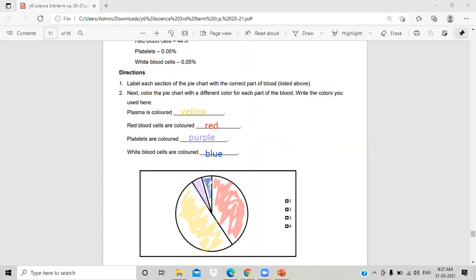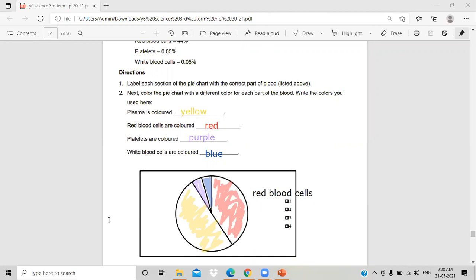Of course, you can choose whatever colors you want, guys. This is just my choices, right? Those are my choices. And if you would like to label them, that would be perfect. Like say this is the red blood cells.